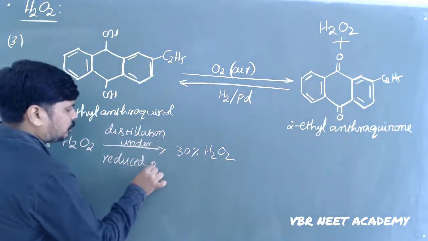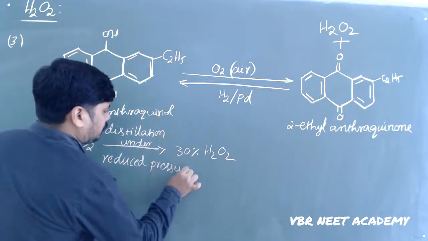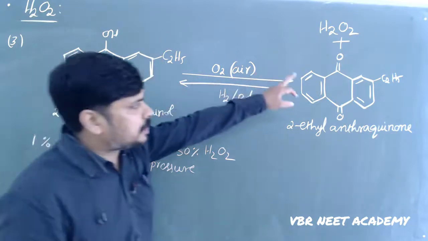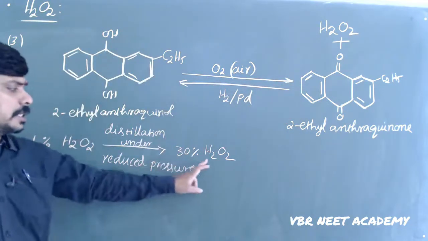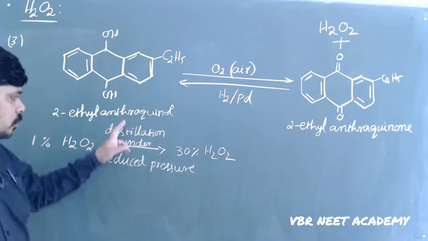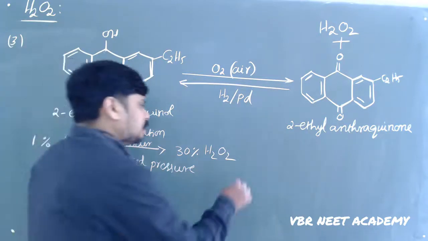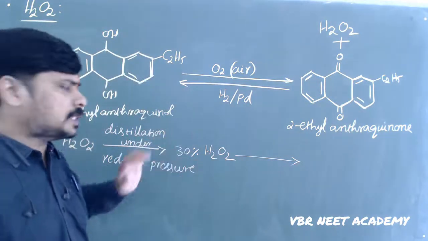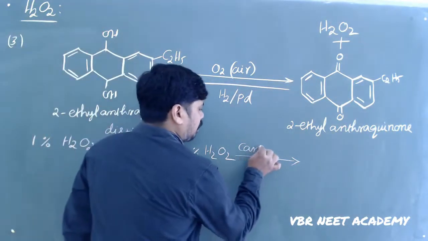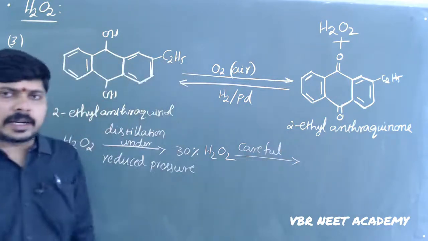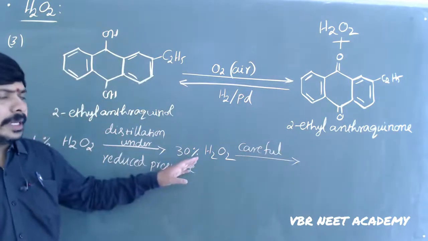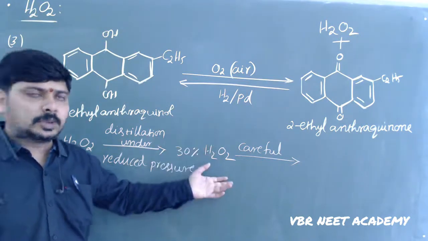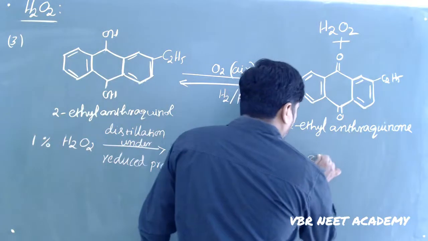We are going to be concentrating your hydrogen peroxide. The 1% H2O2 obtained from this method is concentrated to 30% H2O2 by using distillation under reduced pressure. And if you do the same distillation under reduced pressure still more carefully, it is going to concentrate this 30% H2O2 further to get 85% H2O2.